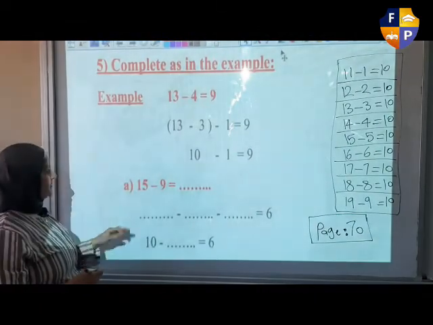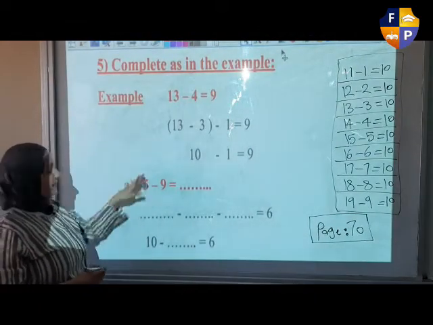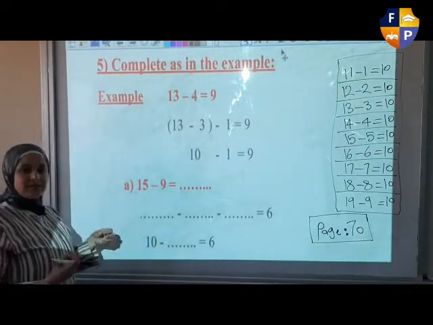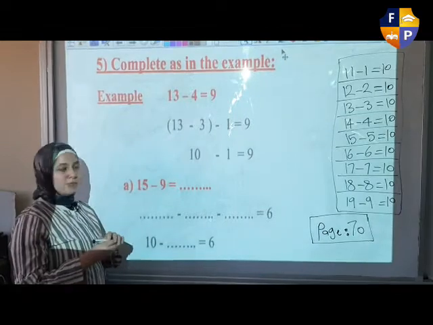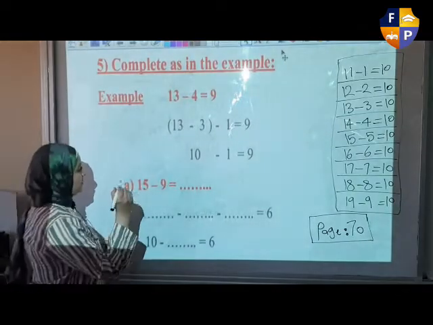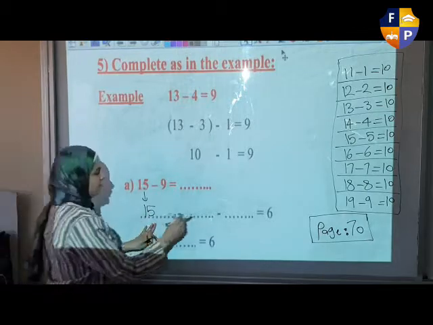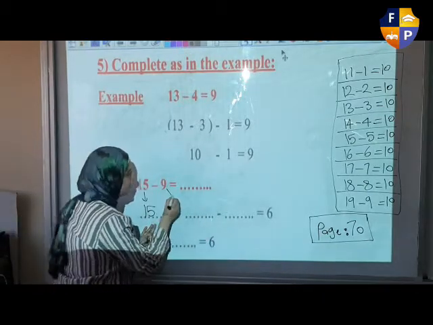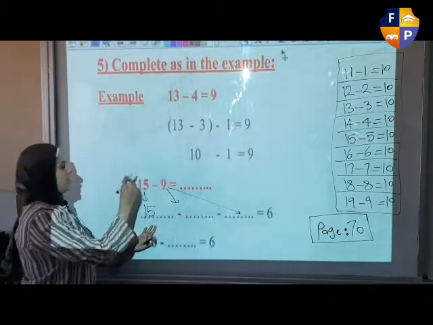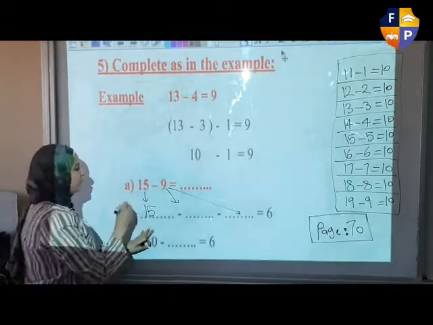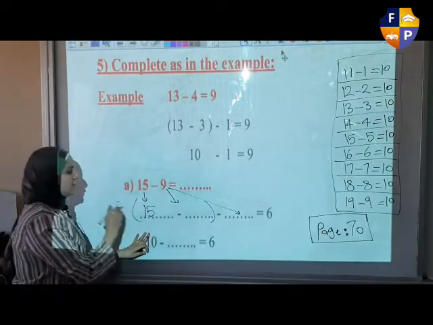In page 70, we will see here, like the example, I have here 15 minus 9. To make it easier, I will decompose the number. Here, I will drop the first number like this, and I have 2 spaces for 9, so I will decompose 9 into 2 parts, and one part of them should make me 10 with 15.